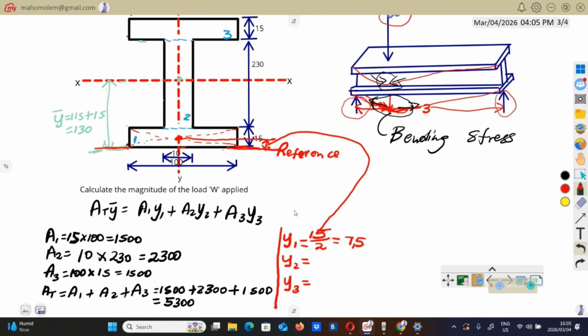That will be y1. So y2 is going to be the distance from the reference to the center of box number 2 or rectangle number 2. So the centroid of rectangle number 2 is going to be there. So now y2 will be the distance from here to this center here.